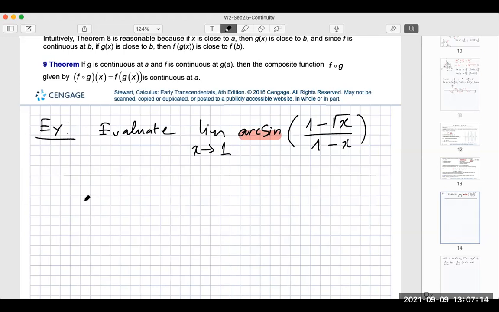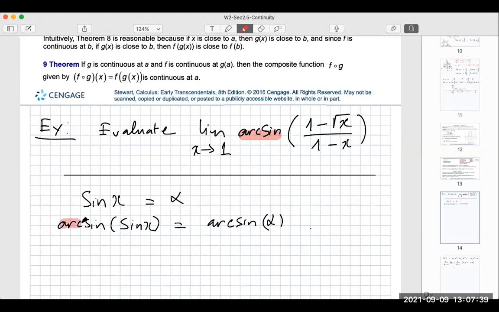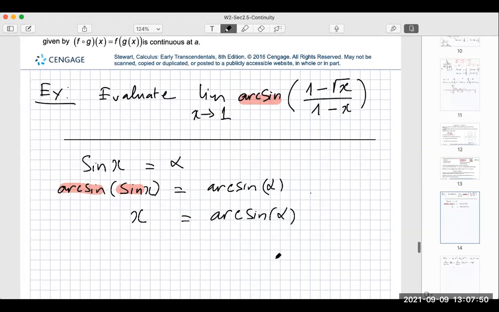Suppose sine of x is equal to alpha, then we take arcsine of both sides. Here, arcsine is the inverse function of sine, and the left-hand side simply gives us x. Okay, just an inverse of sine.